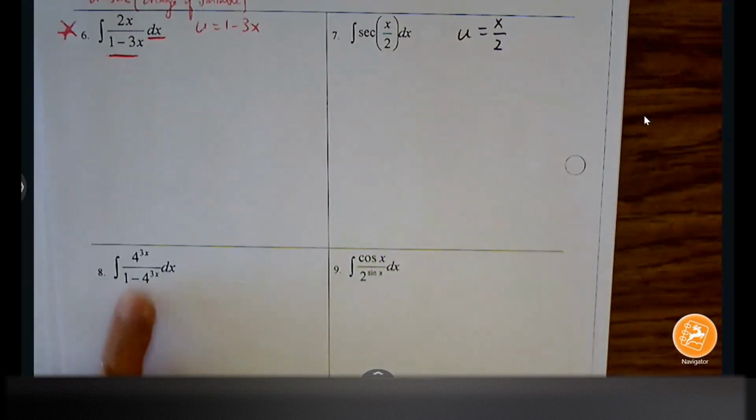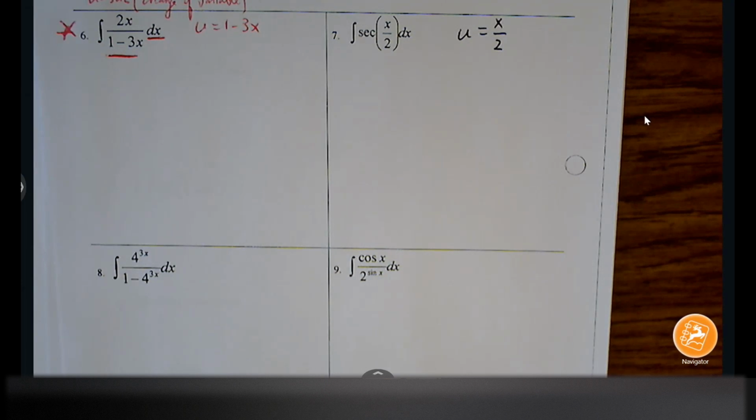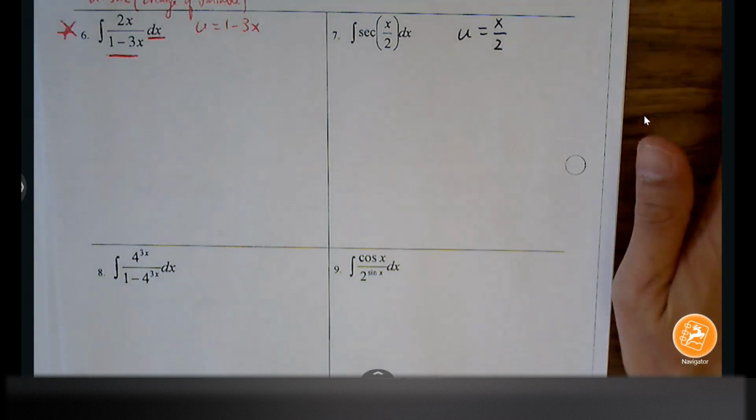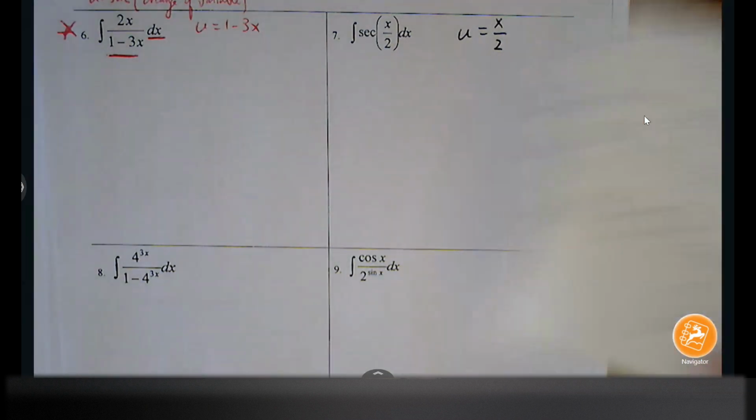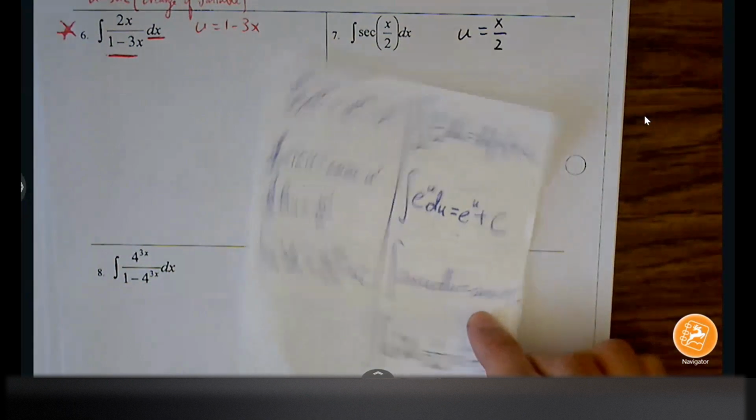Number 8. Can we expand this? Can we move things around? Denominator has too many terms, right? Kind of stuck in this form here. So what about u-substitution? You could.